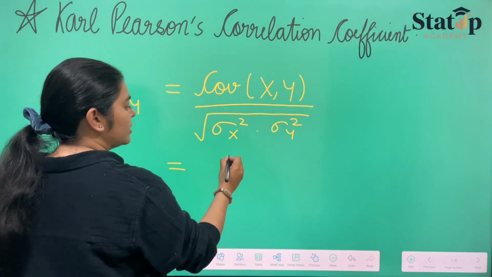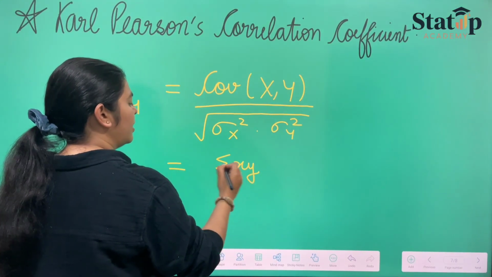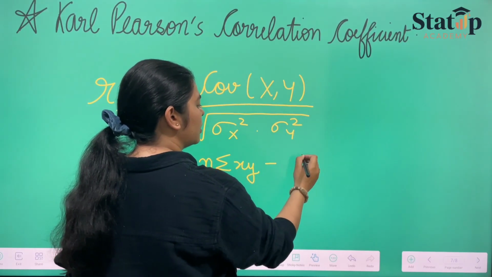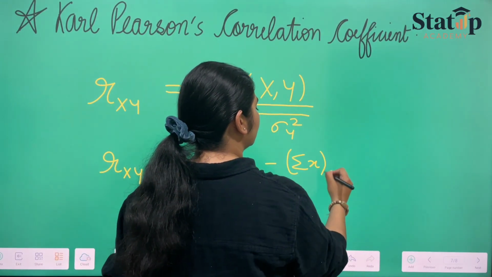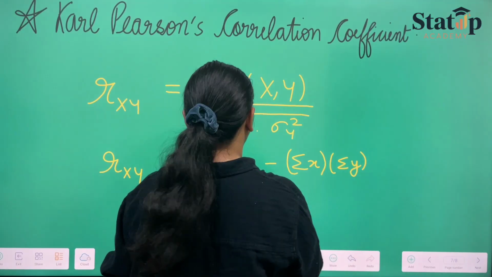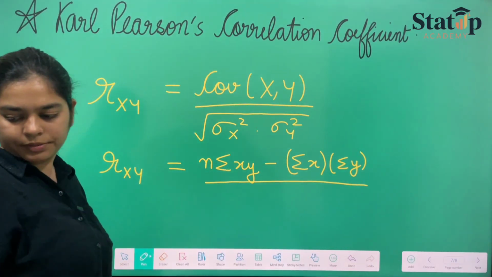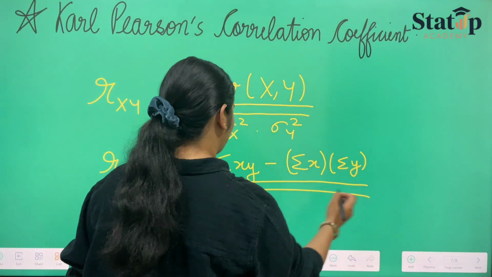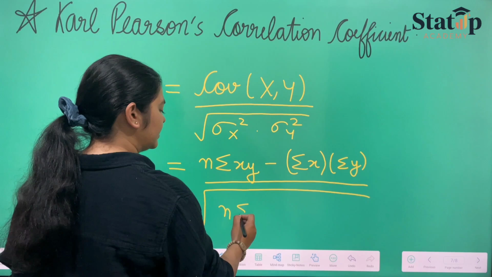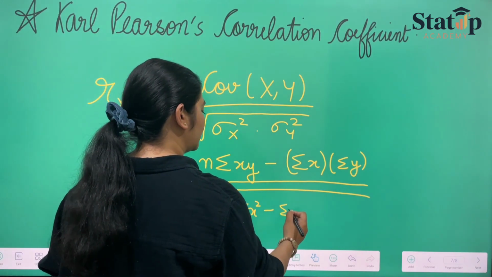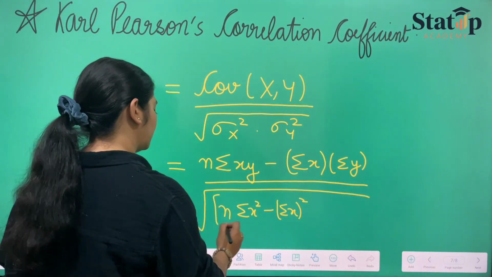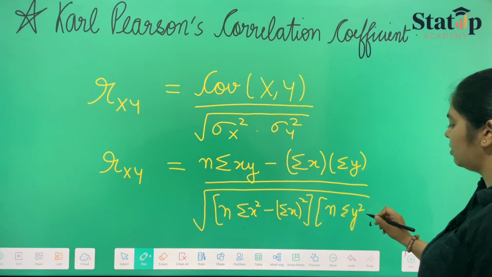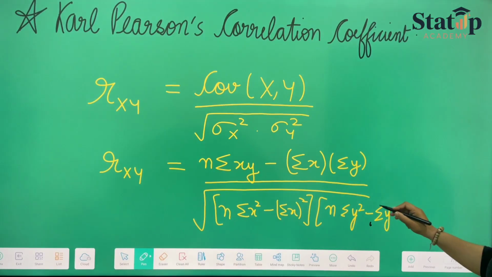It will be n summation xy minus summation x into summation y, upon the square root of n summation x square minus summation x whole square, into n summation y square minus summation y whole square.